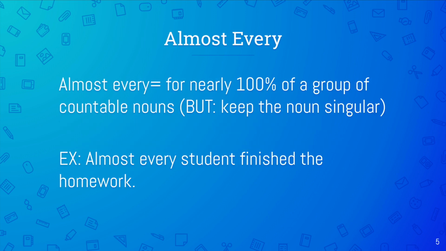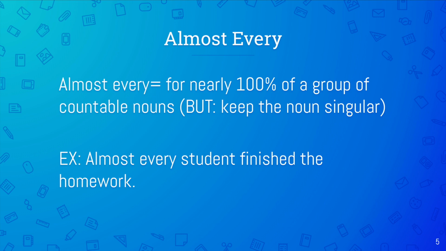Almost every means the same thing as almost all, but you can only use it for groups of countable nouns. And when you do use it, you should keep the noun singular. So for this example, almost every student finished the homework. Even though I'm talking about a group of students, I keep that word singular.